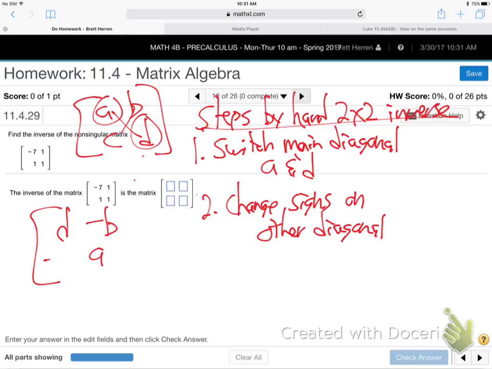You change this to -B and negative C. So you don't move them. You just change their signs. Good so far? When I write negative b, you guys are starting to move on up into calculus and stuff. You want to start thinking this way. A less experienced algebra student would look at negative b and say, oh, that's negative. But you guys are becoming more experienced thinkers.